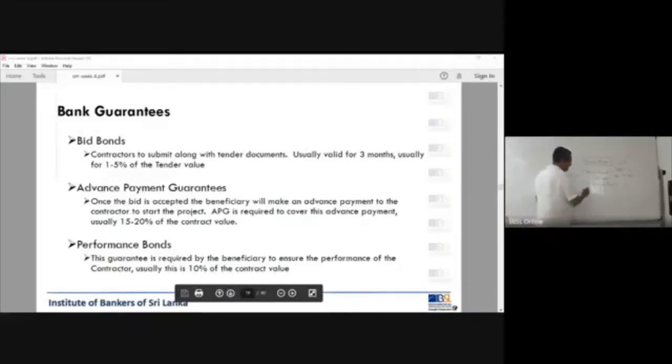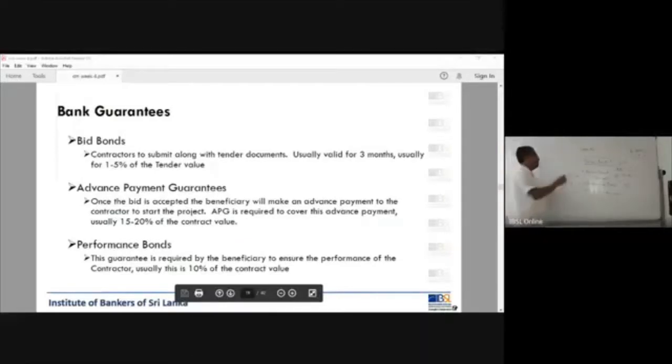Then we have retention guarantee. When we finish a work, say this is a 1,000 million job, and I have finished 100 million of work. When the AB company sends the invoice to UDA, they will hold 5% of this 100 million for a 1 year period.